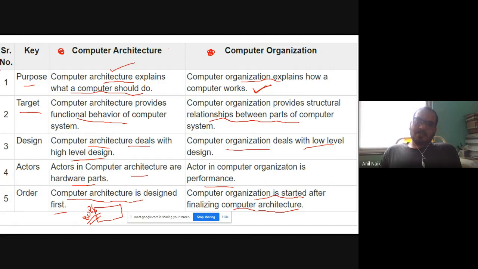While constructing a new house, first we prepare a blueprint, we design the house, say 2 BHK or 3 BHK. There is a house plan. That is computer architecture. After that, we start the work. That is computer organization. So first comes computer architecture, and next comes computer organization.